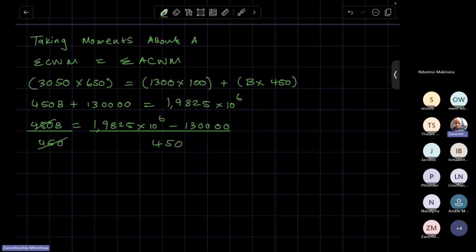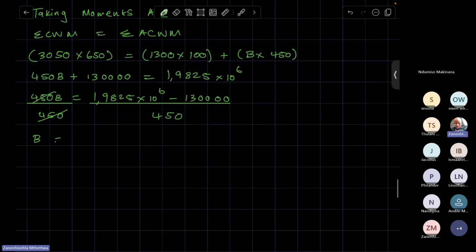So B will be equal to that divided by 450. I am getting here 4116.667 newtons.